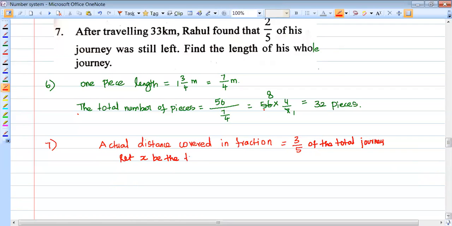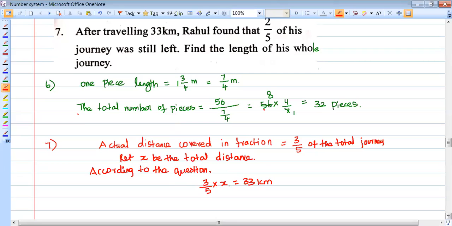Let x be the total distance. So according to the question, 3 by 5 of the total distance is equal to 33 kilometer.